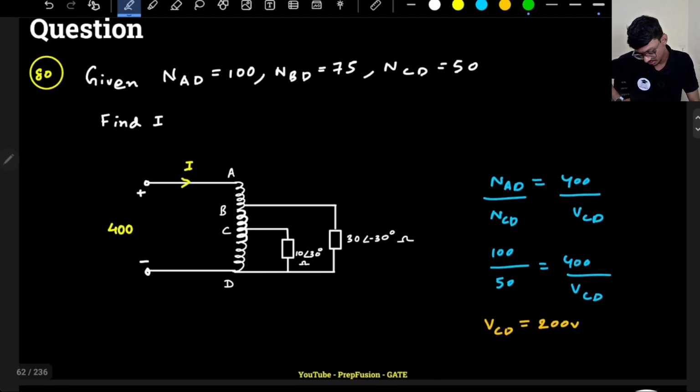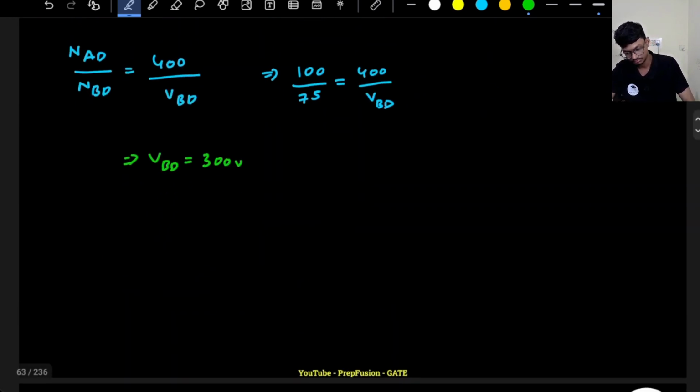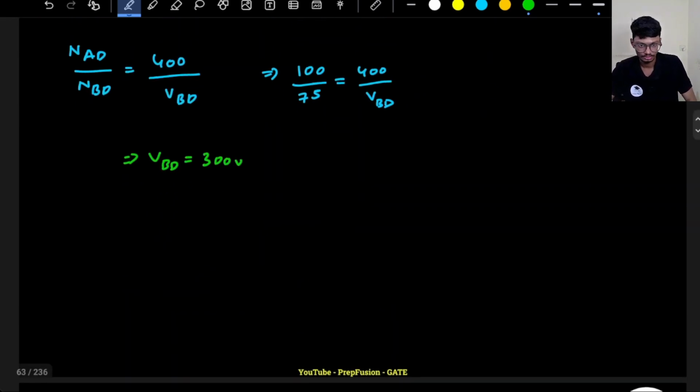Now I have to find out this current I. How will I find out this current I? What you can do is you can equate the KVA ratings, right? The KVA of the input and the KVA of the output should always be the same, right?